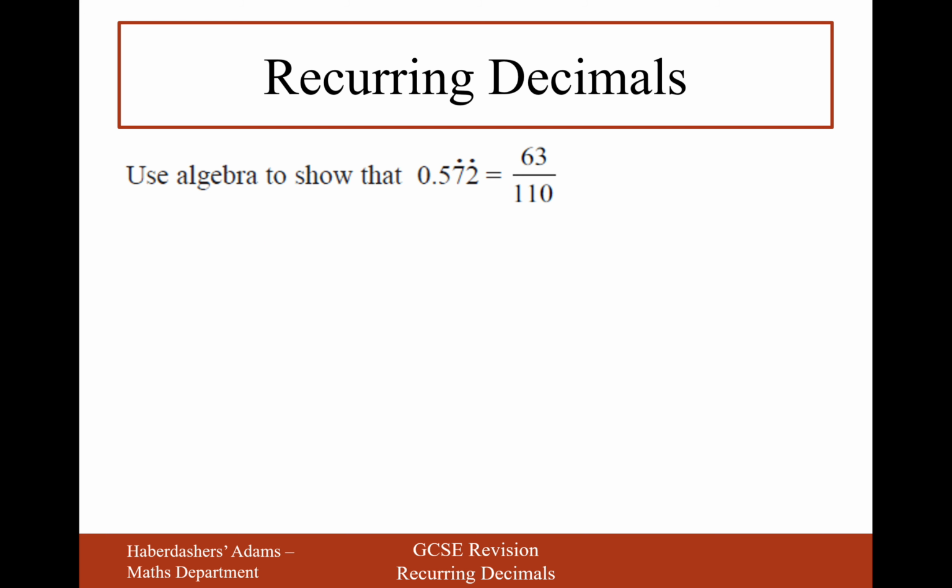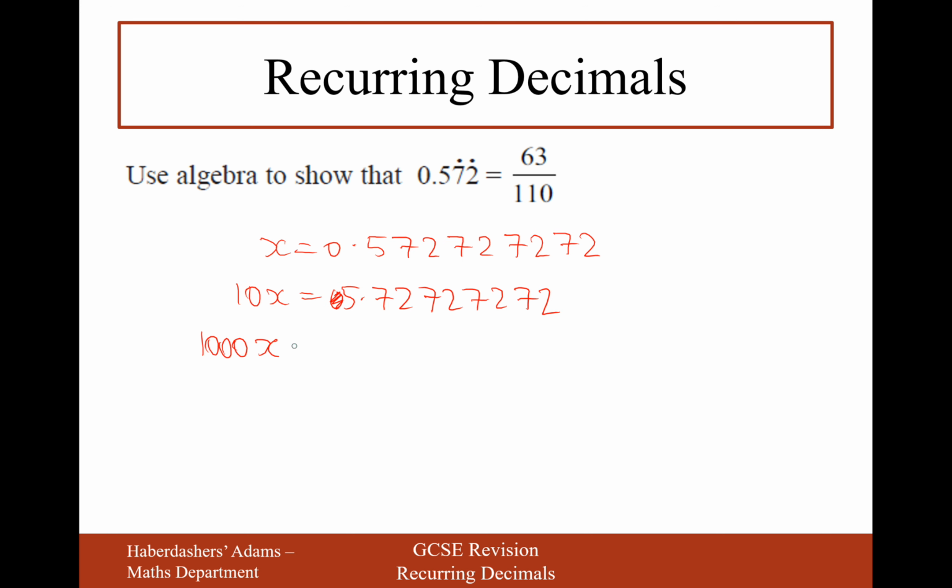So it's x equals 0.572727272. Multiply it by 10 to move the 5 upwards, so that would be 5.72727272, and then multiply by 100, so that's now 1000x to move the 7 and the 2 up 2 columns in the number system.